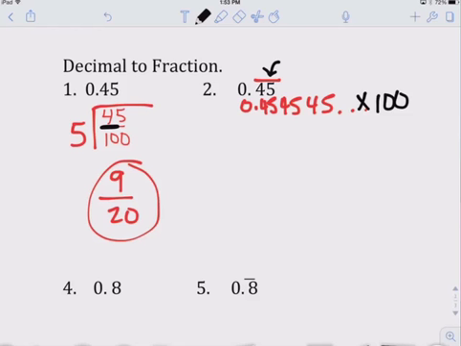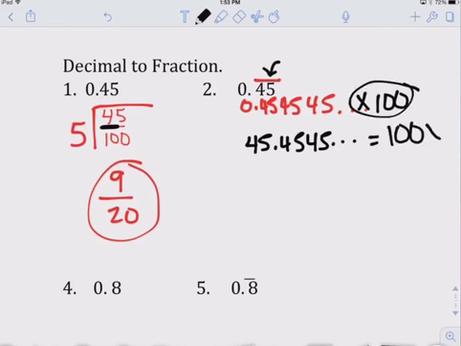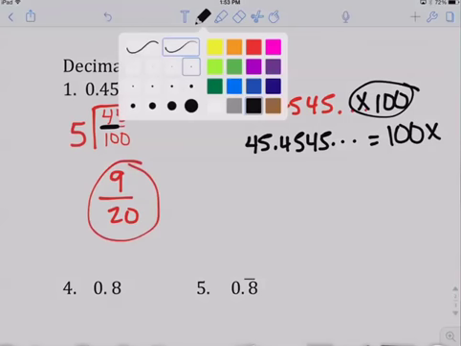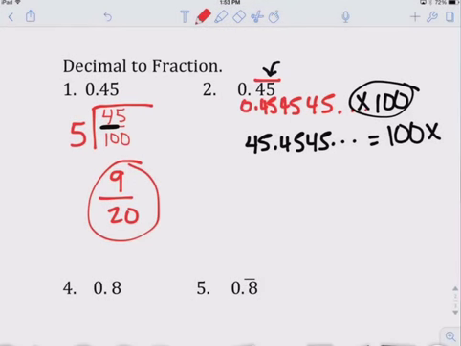Times it by 100, you get 45.4545 dot dot dot, and then we make that equal to 100x. Then we subtract. We want to make all this equal to 0 right here. We don't want all the decimal there.